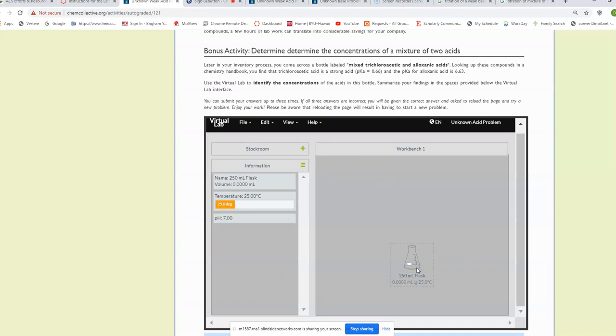Well, the one that I just did, right? I had 0.1 molar sodium hydroxide and 100 milliliters of my unknown acid, and 100 milliliters of the unknown acid only required 2 something milliliters of my 0.1 molar stuff.